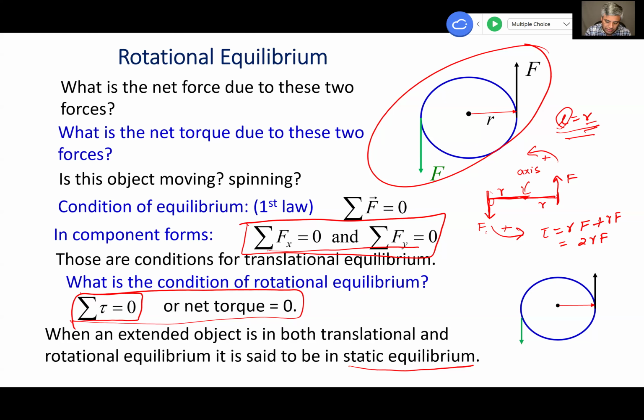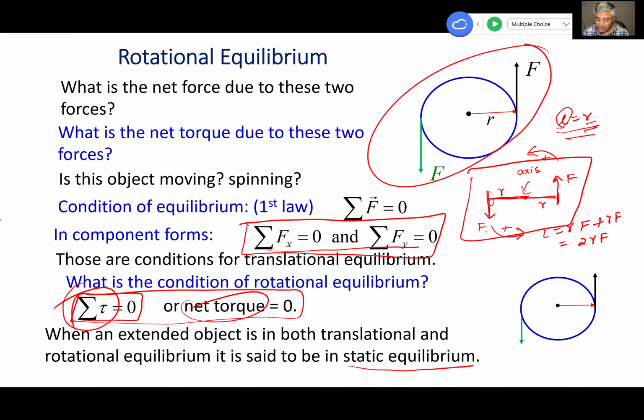To use the torque condition, we need to calculate net torque, or the sum of the torques. So you find the torque due to each force and add them together. And remember, to draw a free body diagram, we draw a line and show the forces, mark the axis of rotation, and from there we calculate the net torque.